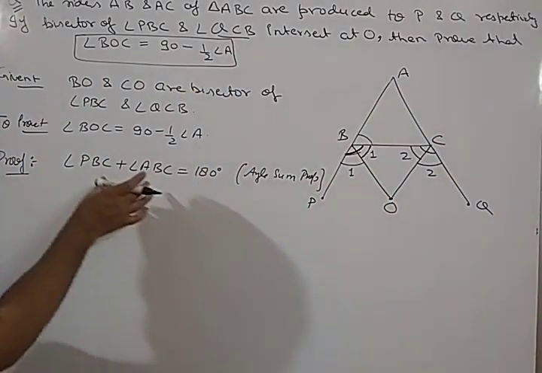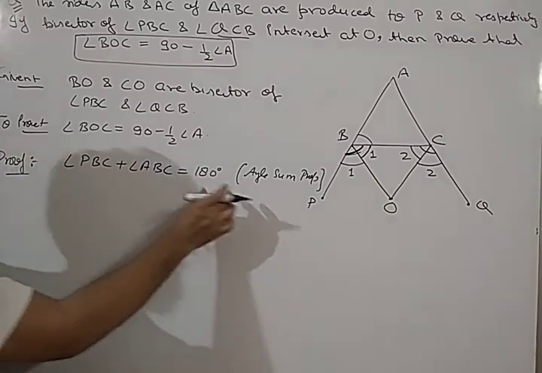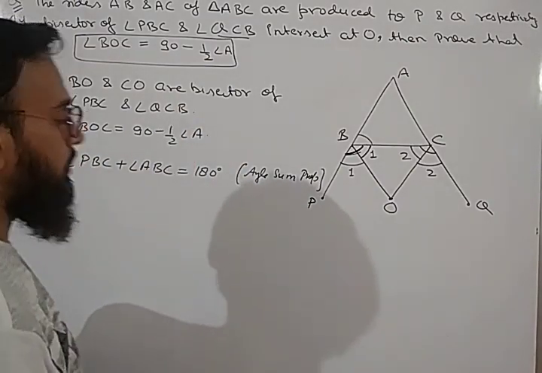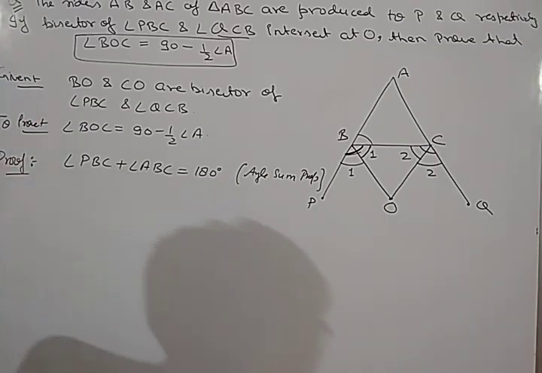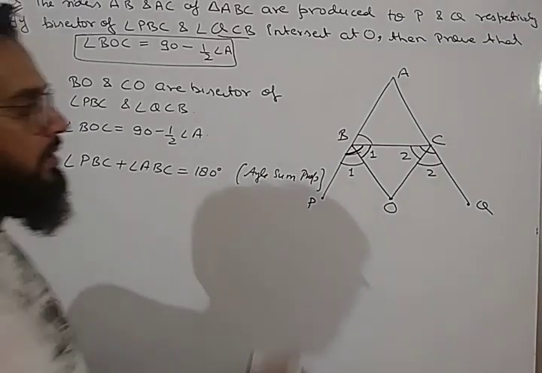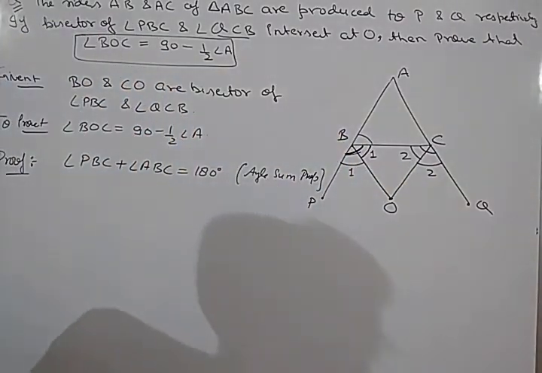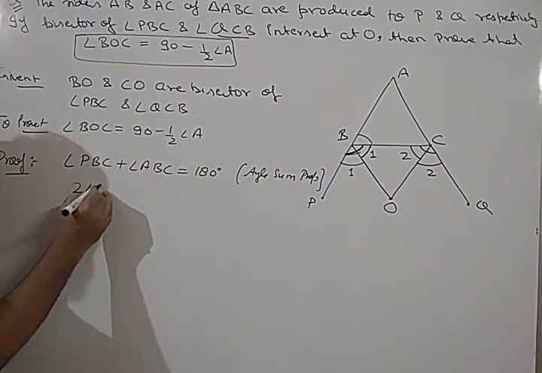So the first statement is angle PBC plus angle ABC is equal to 180 degrees. Now in place of angle PBC we can write angle 1 plus angle 1, which is twice angle 1.